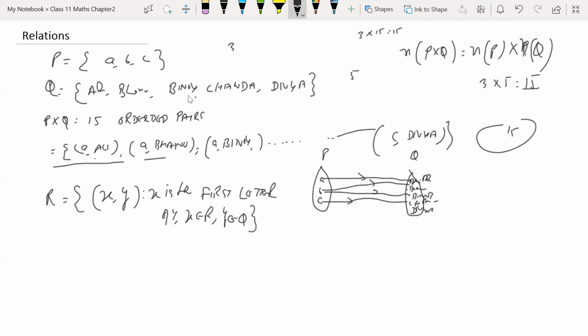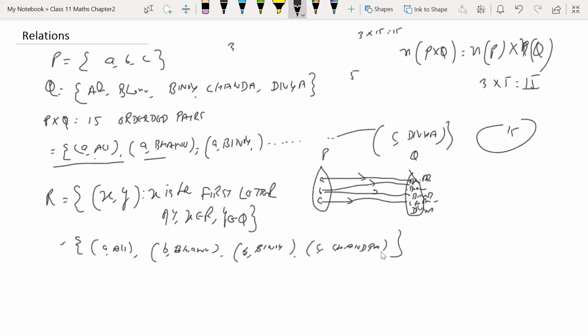Then B, Ali; B, and so on till B, Divya. And then C, and so on. And here the relation would become like this: A, Ali; B, Bhanu; B, Binoy; C, Chandra.